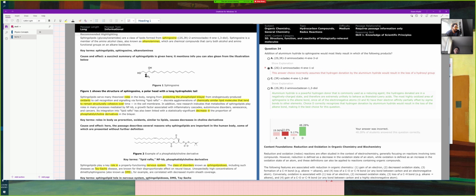Amino octadecane-1,3-diol. So this is the one position, two position, three position, right? And then four position is where that double bond starts.